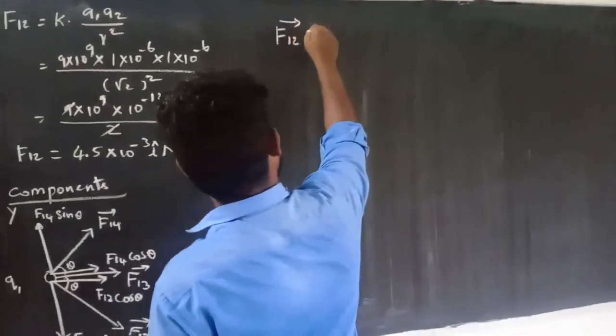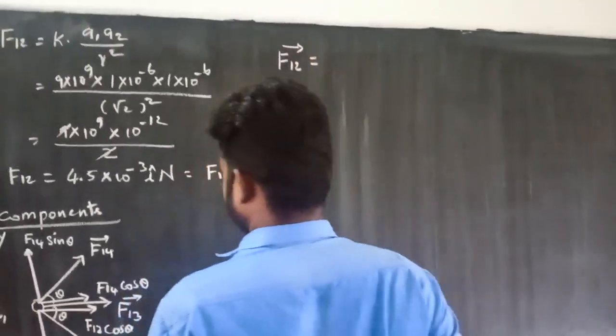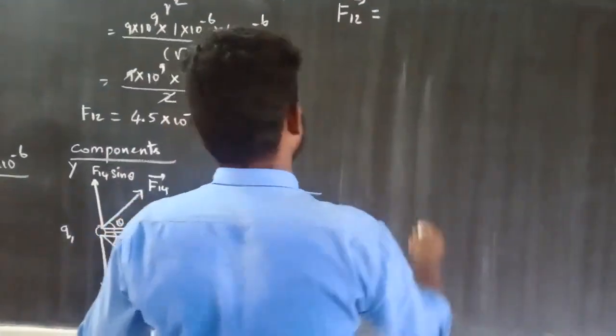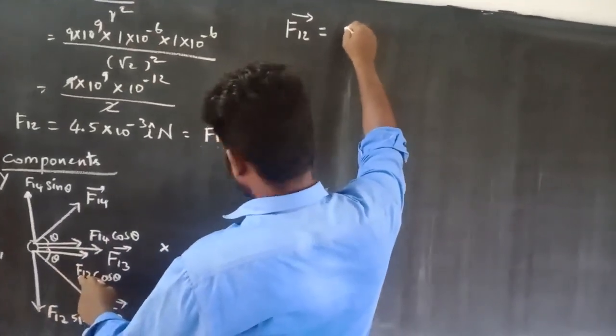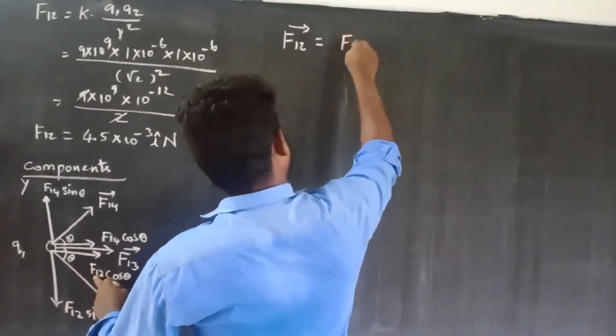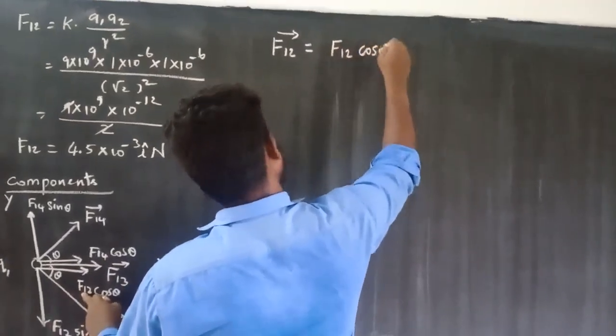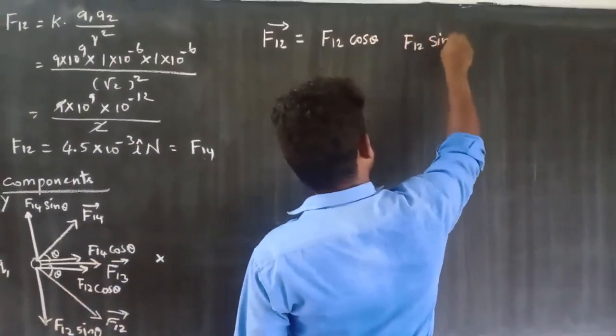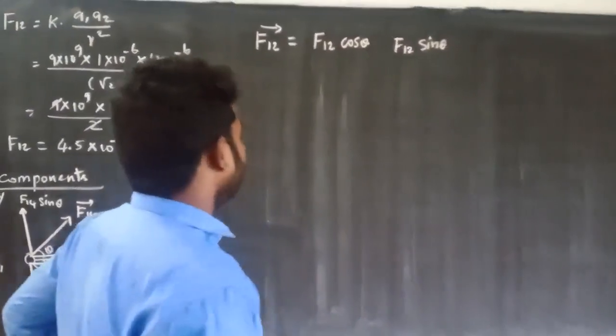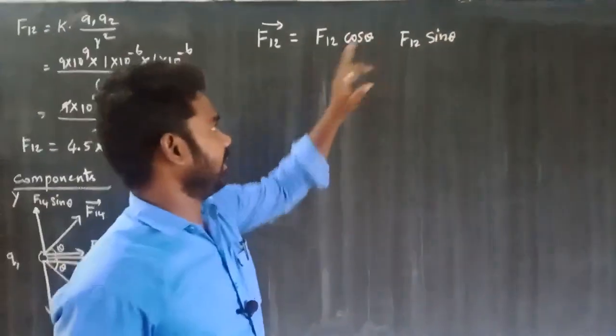So first in the form of components, you can see the first F12 vector. How is it classified? Here, see here, two components are there: F12 cos theta and F12 sin theta. The F12 vector is classified in these two categories only.